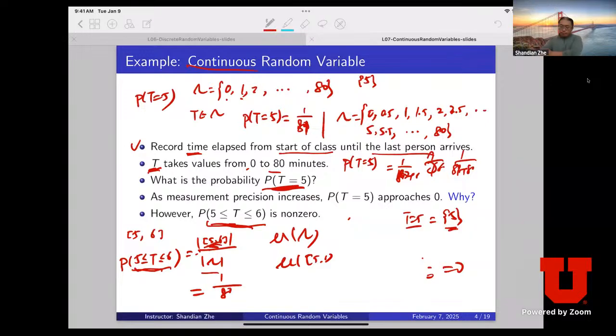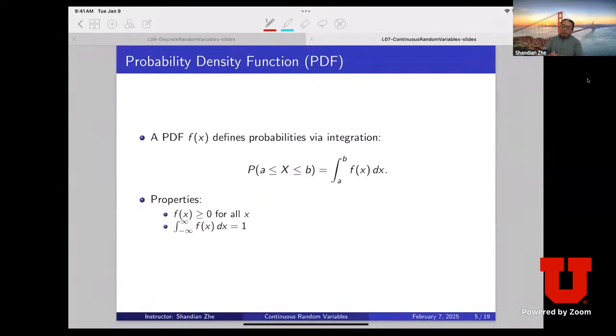Okay, and then if we have some continuous random variable, what kind of mathematical concepts or definitions do we care about to characterize those random variables? Similar to the discrete random variables, we also consider two functions. One is called the probability density function.